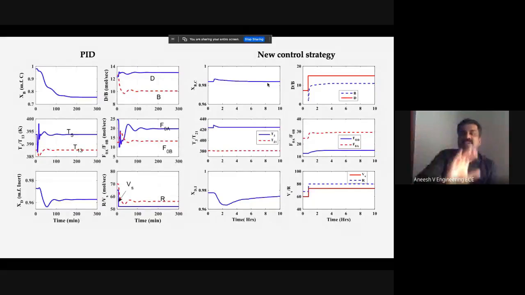That means the concentration is almost stable. It is not fluctuating. From this we can tell that even if the PID fails, this backstepping controller is able to perform. That means with the same control structure, the backstepping can work and produce better output.